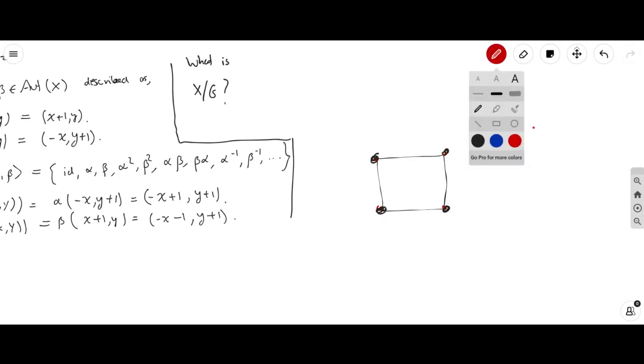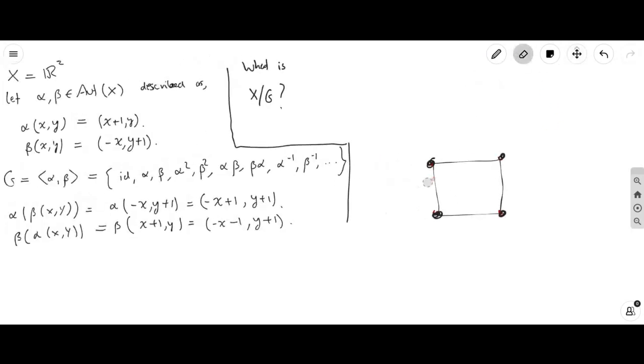Now, let's say I pick a point on the left edge, right over there. So if you pick a point on the left edge, that point would then be equivalent to x plus 1 comma y. So it will be equivalent to the point on the right edge. Now, something interesting, it feels like the torus example all over again, but it's going to be fundamentally different when you see what happens horizontally.